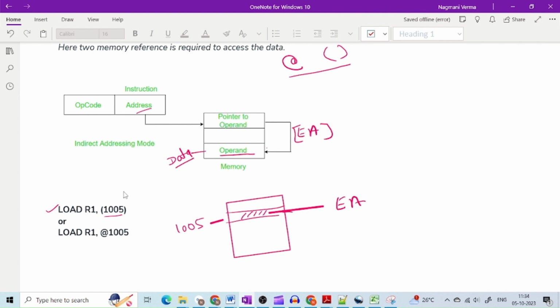From here they will find the effective address, that is the address of another block in the RAM. From here they will find the data. So load R1, bracket 1005 means 1005 is the address from where we will find the effective address. I hope it is clear.